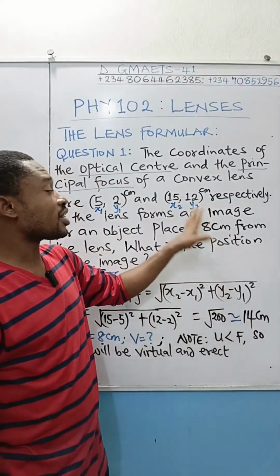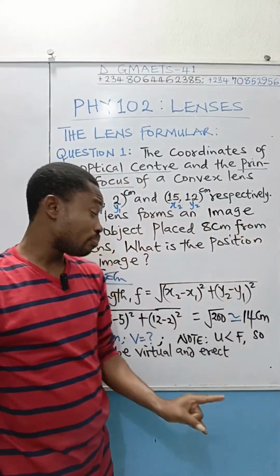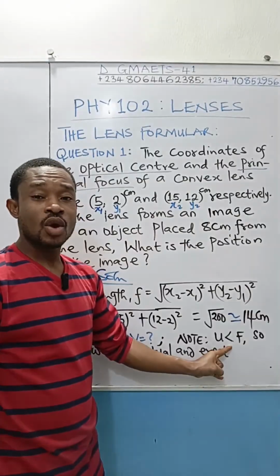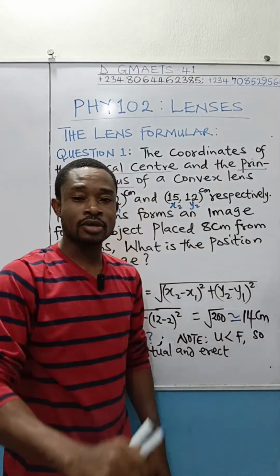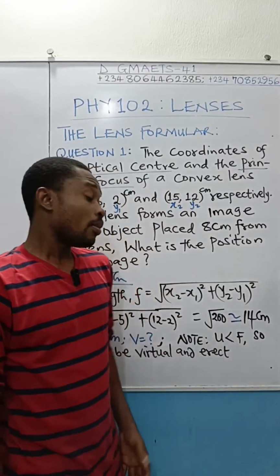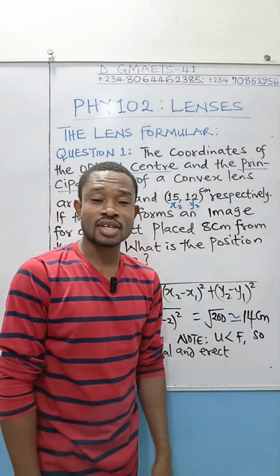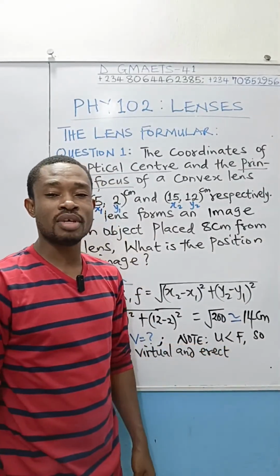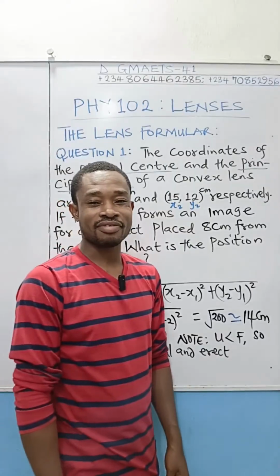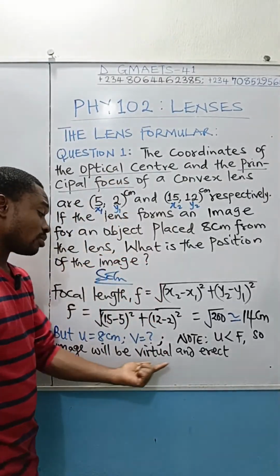If in the question we are given the image distance, because of this singular fact, when we are substituting into the lens formula, that image distance will carry minus. Although here we are looking for the image distance, because of this singular fact the final result will be negative, because this image is going to be virtual and erect.